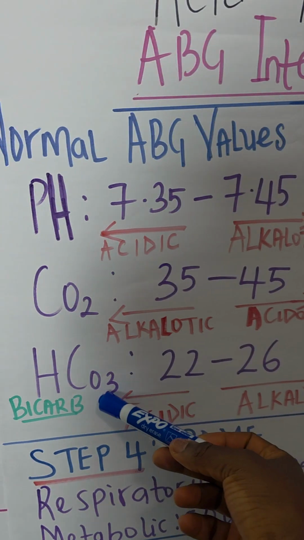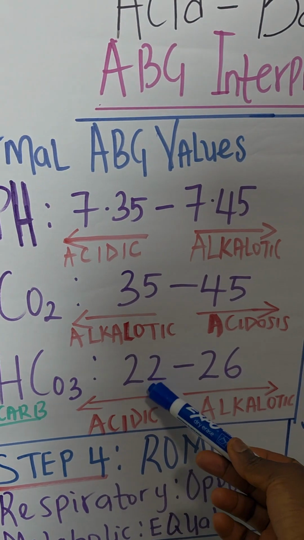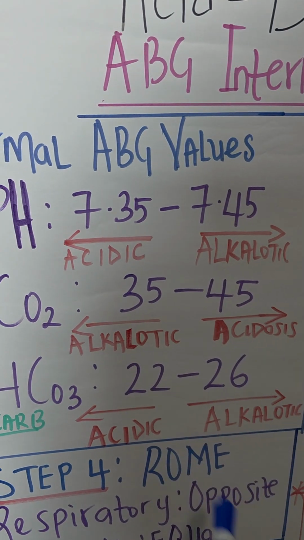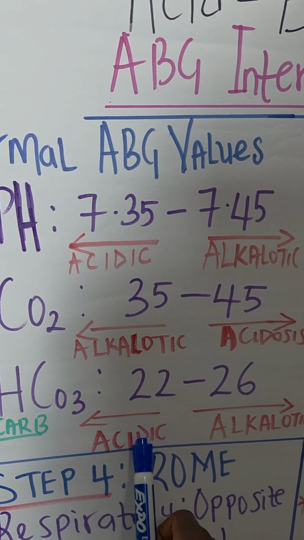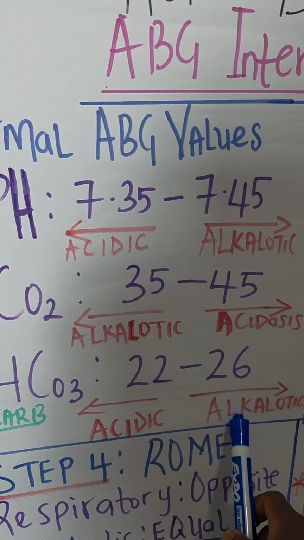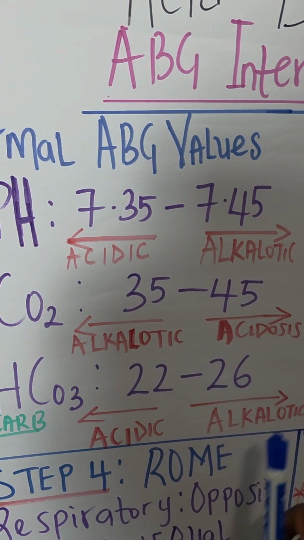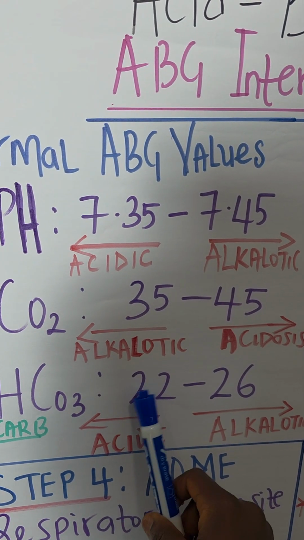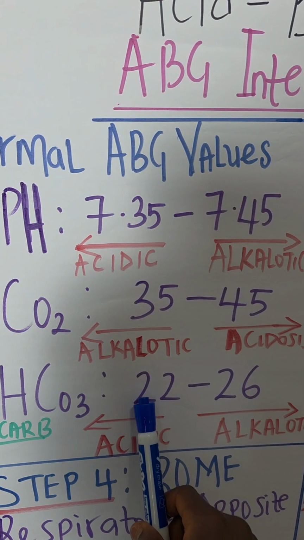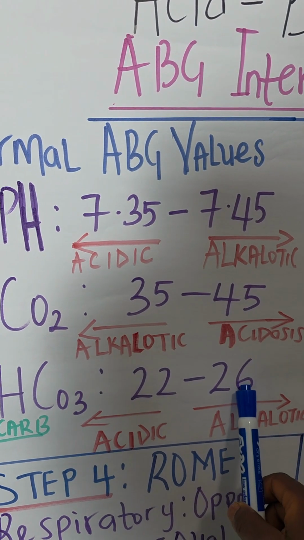The next is the bicarbonate. The bicarb is 22 to 26. Any range less than 22 is considered acidic, and any range greater than 26 is considered alkalotic. The simple memory trick to remember the range for this is 2 plus 2 plus 2 is equal to 6.